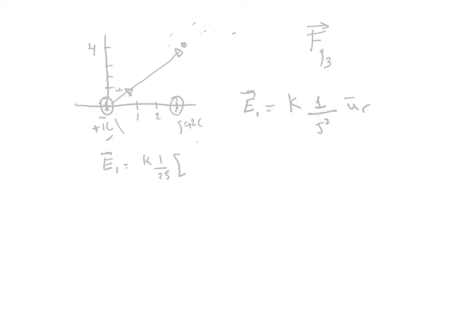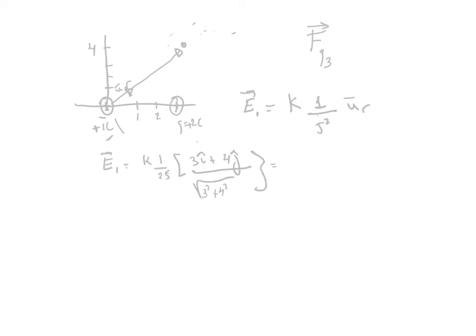The vector position will be 3i plus 4j divided by the magnitude, and the magnitude is the square root of 3 squared plus 4 squared.